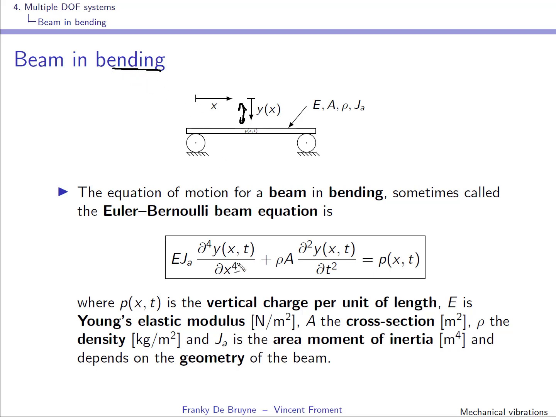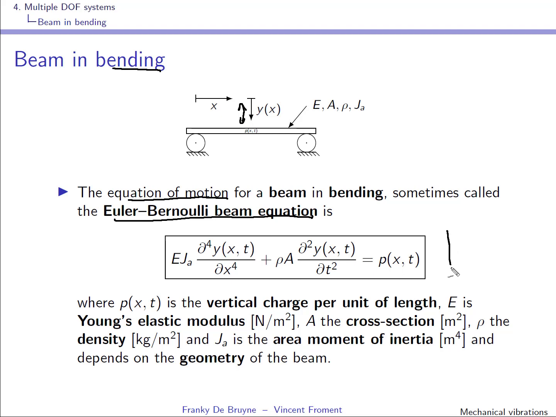I won't show this, but if you look in the literature, and if you're curious you can do that, you can find the equation of motion of a beam in bending, and it's called the Euler-Bernoulli beam equation. It's not that difficult to construct, but I'm not going to do that in the course.